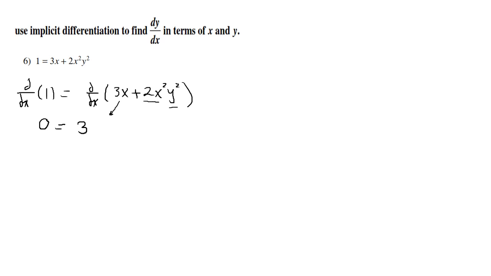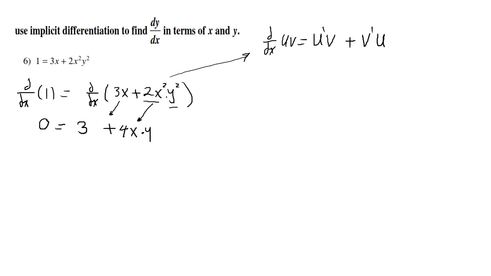Now 2x squared multiplied by y squared, this is a product rule. The derivative of the product is the derivative of the first multiplied by the second, and the derivative of the second multiplied by the first. So the derivative of 2x squared is 4x multiplied by the second, plus the derivative of the second, which is 2y dy by dx.